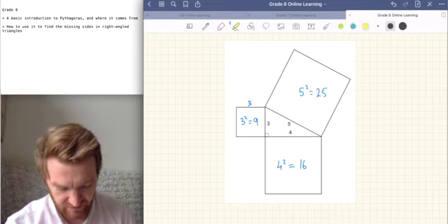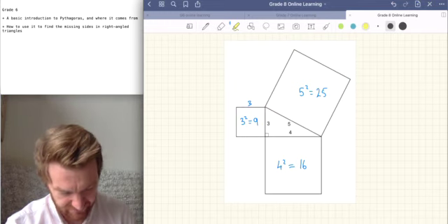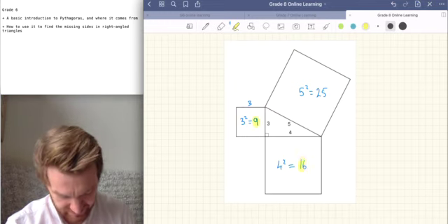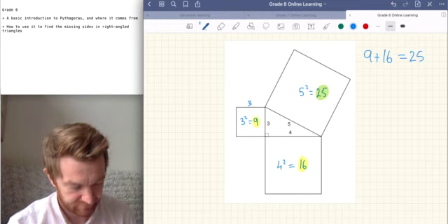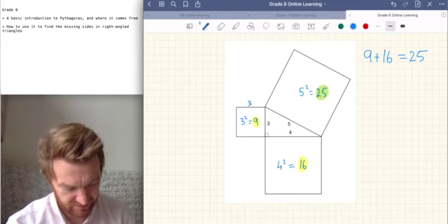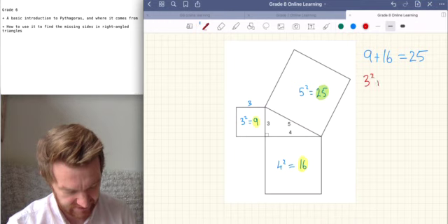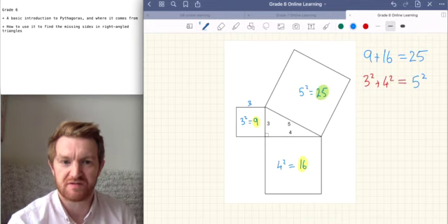Those of us who are quick at mental maths will notice that if we take the two smaller ones, the 9 and the 16, all together they add up to the 25. Because 3 squared plus 4 squared is 5 squared.